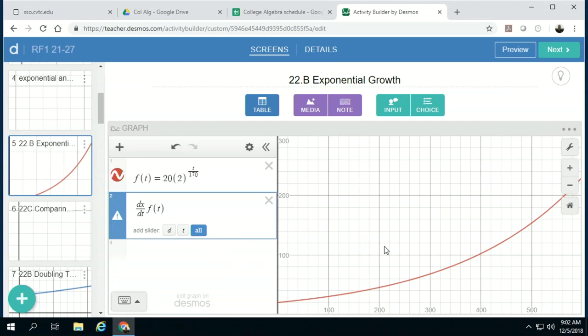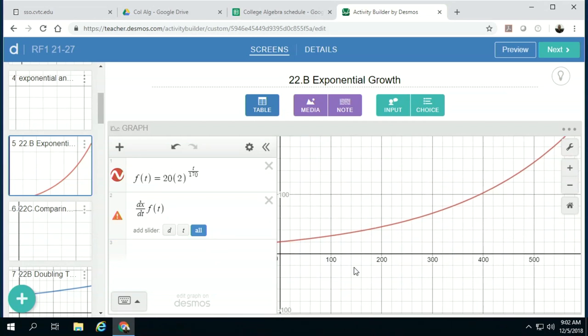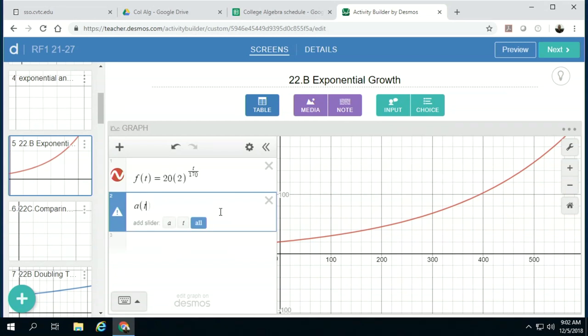I thought that it did derivatives, but it doesn't. Okay, so then we have to do page 304, the A of t function. A of t is going to be a fraction. Well, we don't need the fraction because our denominator is 1.